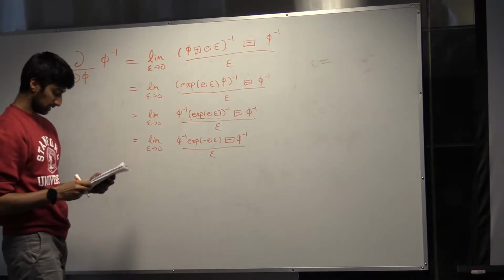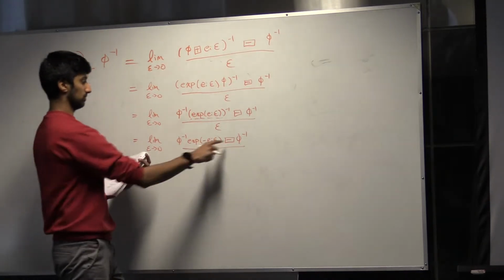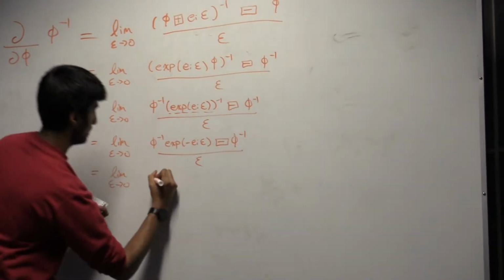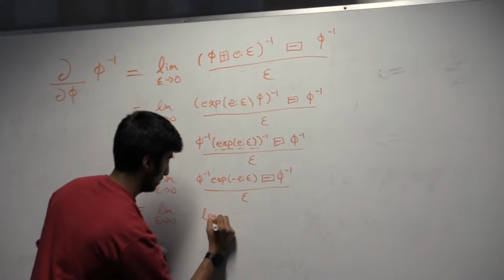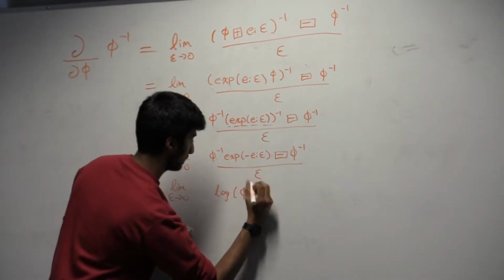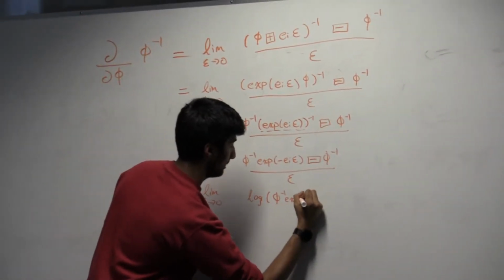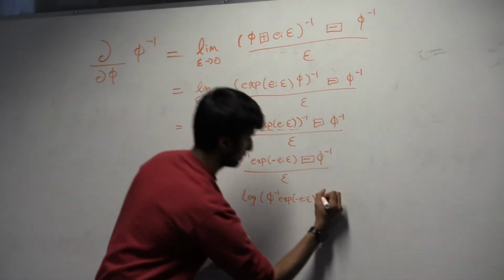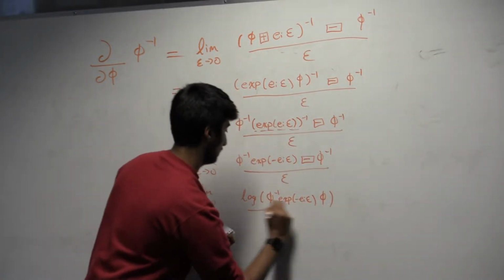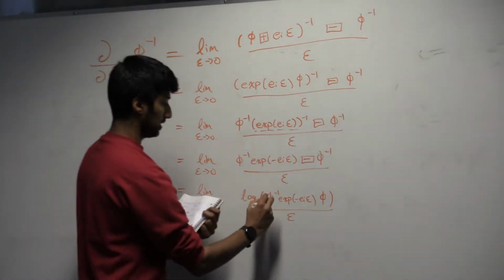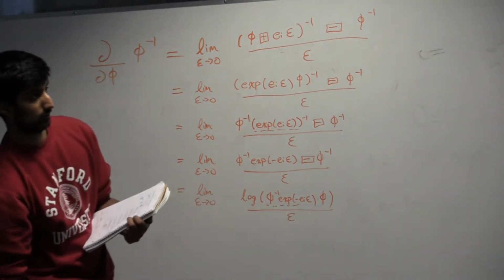And now at this point, I decided to evaluate the box minus operator. As we know, we can write that out as log of the first term, which is phi inverse, minus EI epsilon times the inverse of the second term, which becomes just phi, all over epsilon. And this interior here is the adjoint related identity.